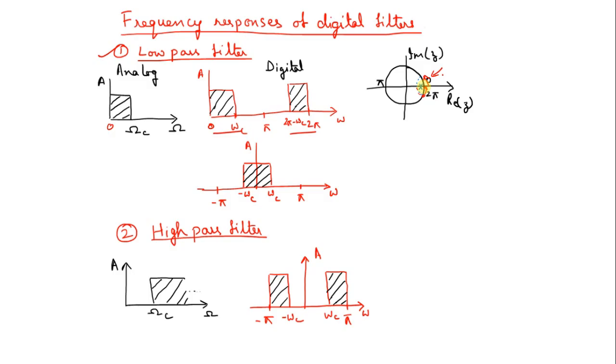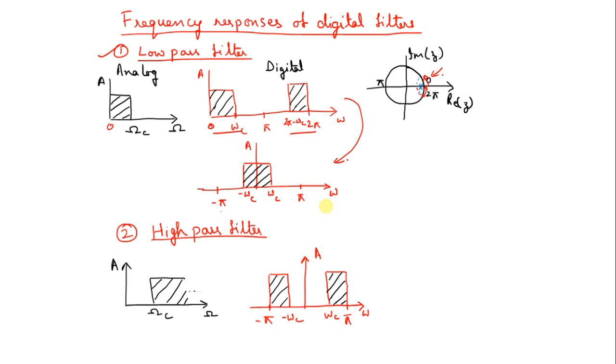Okay. So this frequency response of the low pass filter can also be represented in this way: minus pi to pi region. Okay. So in the previous one it was 0 to 2 pi, and in the second one it is minus pi to pi. So the total frequency region remains as 2 pi. Okay.